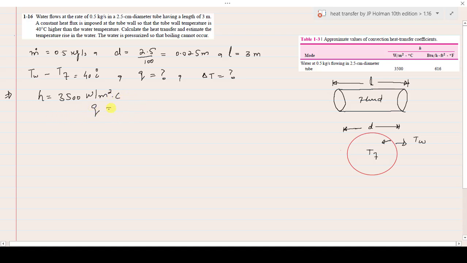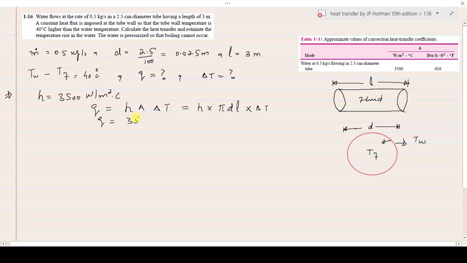So the heat transfer you will get is h, area, surface area, and temperature difference. So what is h? That is 3500. What is area? That is equal to pi d L multiplied by temperature difference.